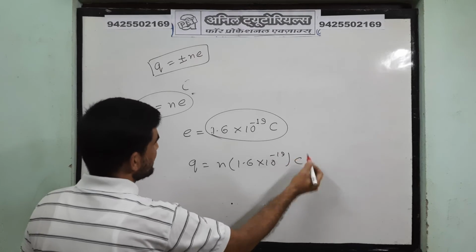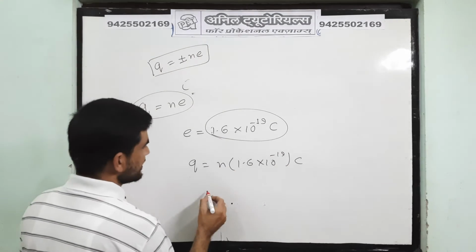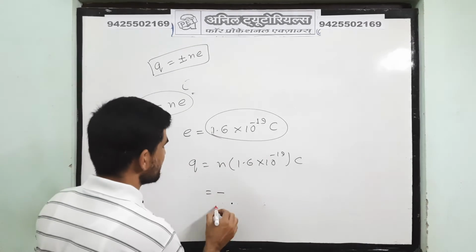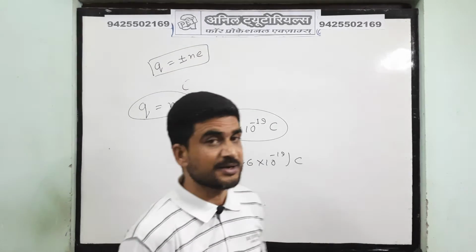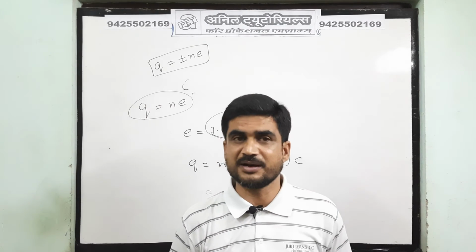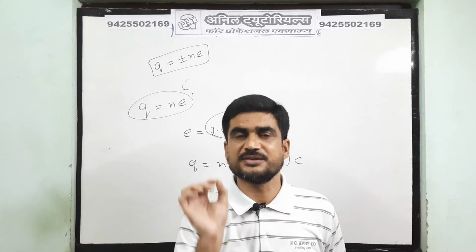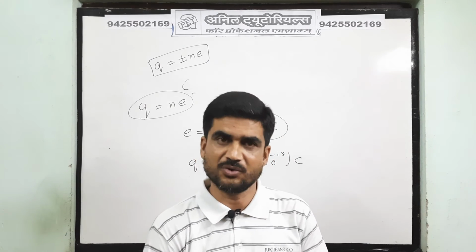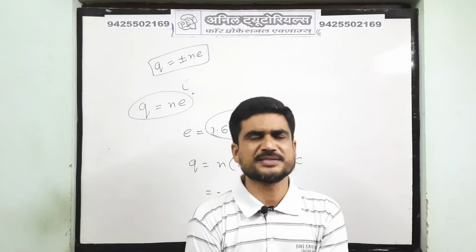If we are adding electrons, it will be negative. When we are removing electrons, it will be positive. Clear? But it should be a multiple of e, and e is 1.6 into 10 raised to power minus 19 coulomb. Clear?